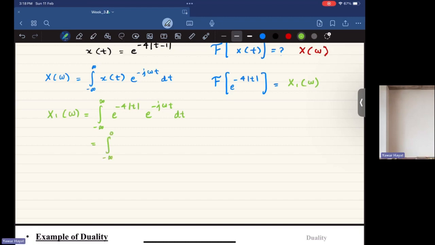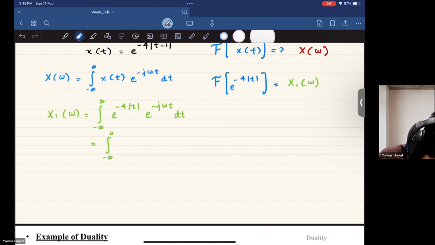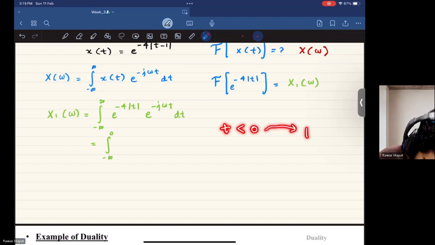Minus infinity to 0. From minus infinity to 0, t is less than 0, right? And for t less than 0, this modulus of t is equal to minus t.